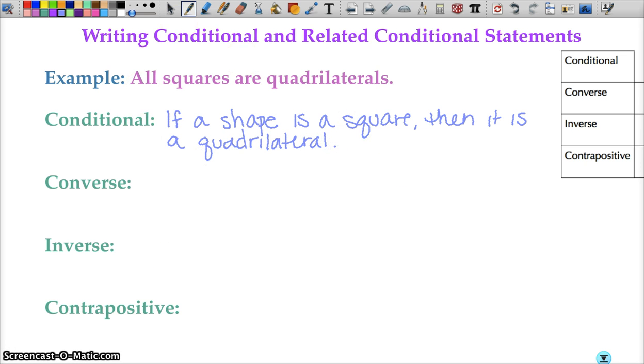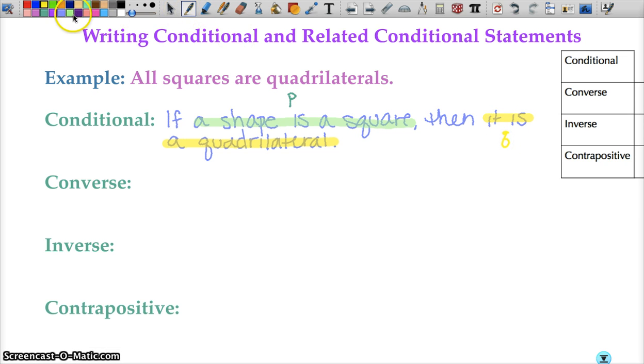So now we have it in if-then form, and I'll keep consistent with the colors. If a shape is a square, there's your hypothesis. Then it is a quadrilateral. There we go, and there is your conclusion. And so now when I come back, what I'm going to do is label this as P, and I'm going to go ahead and label this part over here as Q.